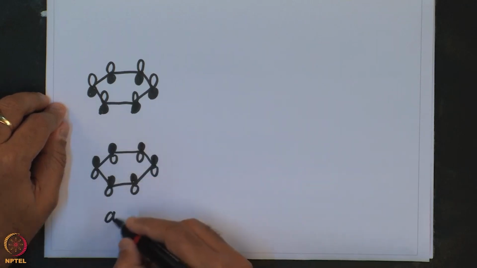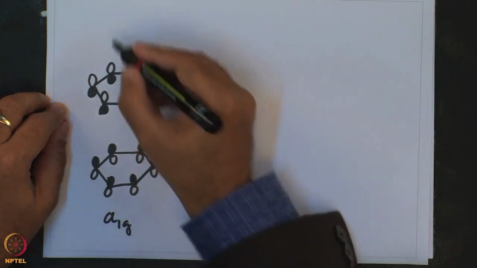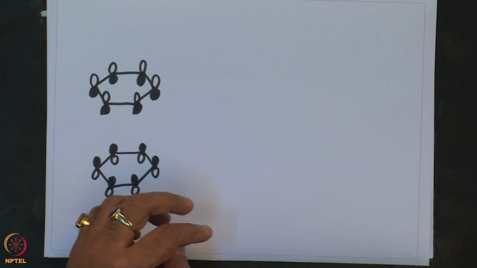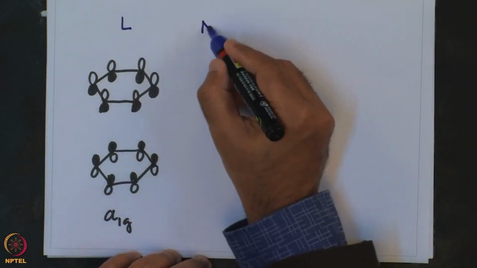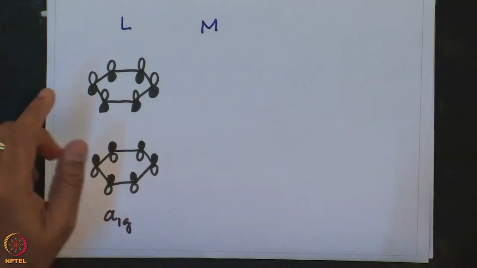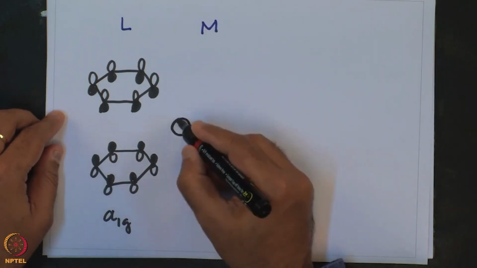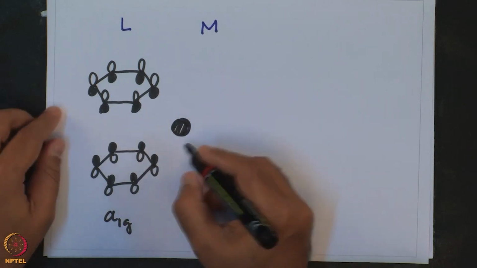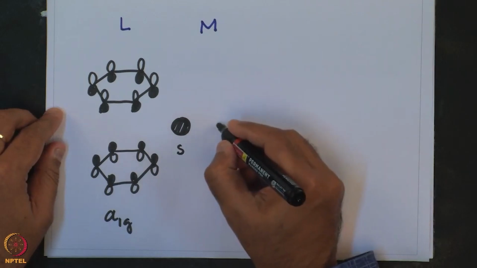So, this is A1G, and it can interact. The A1G ligand orbital can interact with the following metal orbitals: s and dz square.